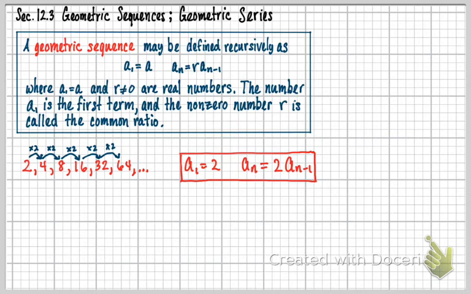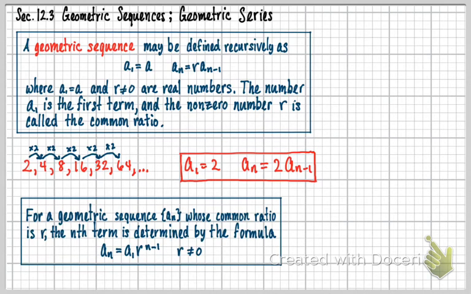And that's this formula right here. It says a geometric sequence an, whose common ratio is r, the nth term is determined by the formula right down here. So this is actually my explicit formula for this.